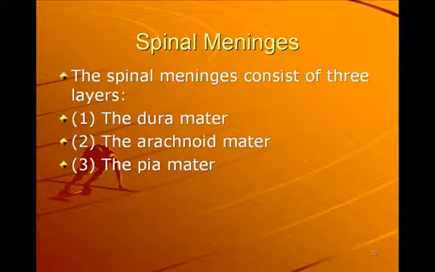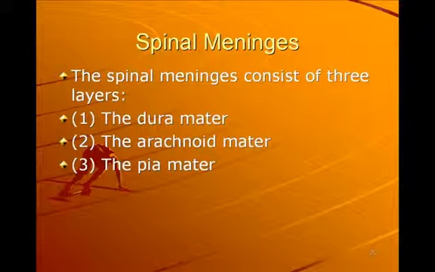The spinal meninges consist of 3 layers: the dura mater, the arachnoid mater, and the pia mater. Now remember, I showed you on the earlier illustration that the pia mater is most intimately connected to the spinal cord itself. It is the deepest layer. Above the pia mater is the arachnoid mater, and above the arachnoid mater is the dura mater.